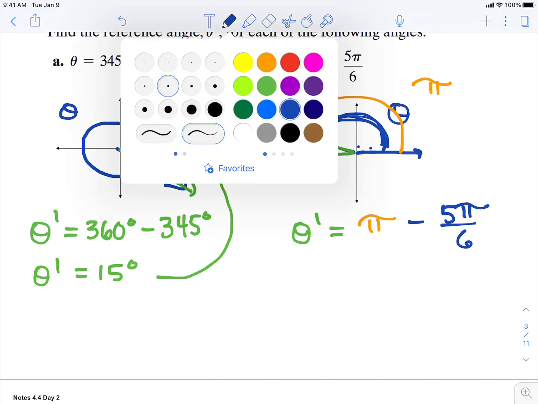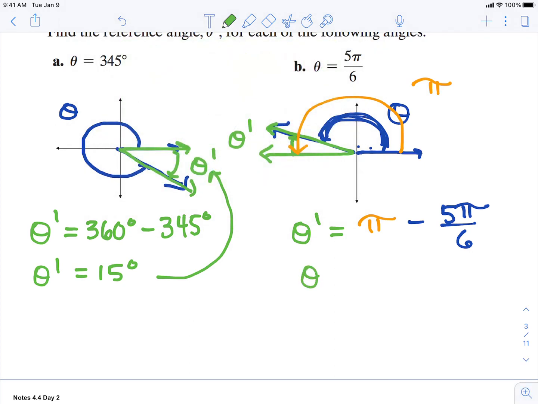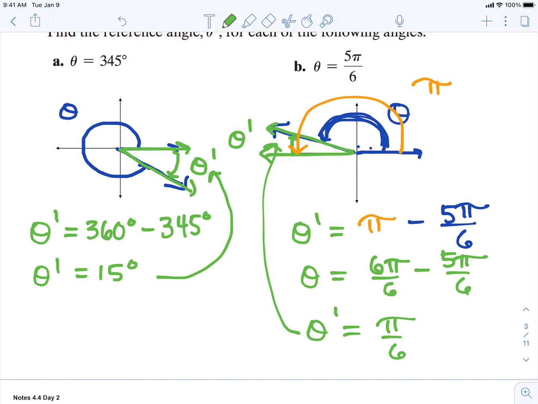So we're going to go ahead and change that pi to a like denominator. So I'm going to change that to 6 pi over 6. And I'm going to subtract 5 pi over 6. So 6 pi over 6 minus 5 pi over 6 is pi over 6. So this small angle right here, our reference angle, is pi over 6.